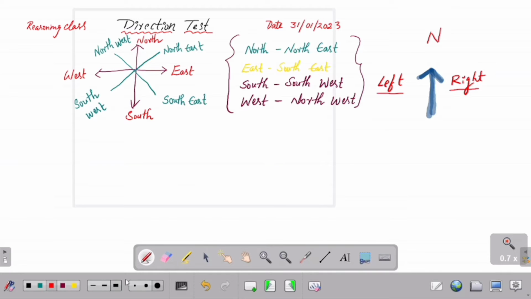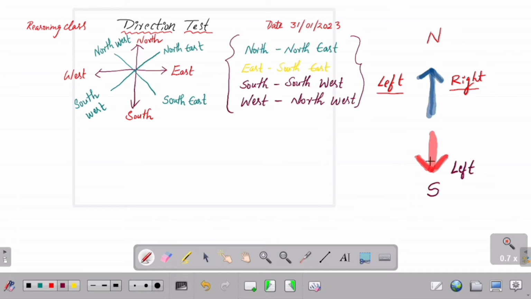So we take one more arrow. Now the arrow is in which direction? It is in the south direction. So this is south. Now this is not my right, this is my left.